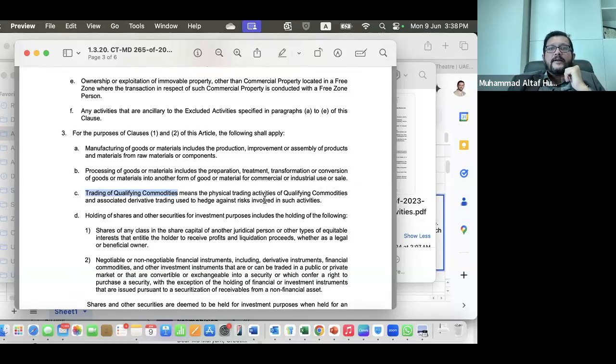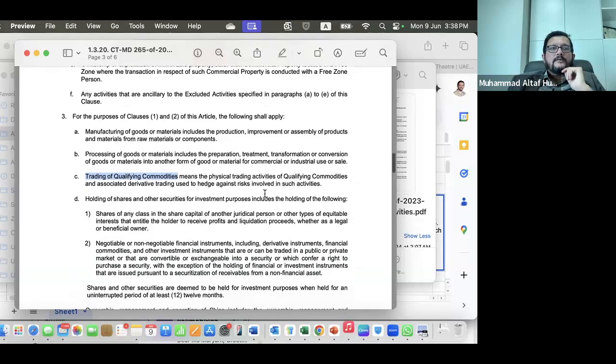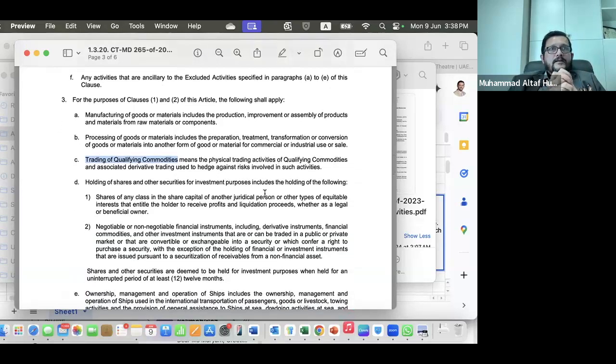Right. So physical trading activities. Now, again, to my understanding, it would mean using, for example, DMCC. Yeah, there's a Dubai Mercantile Exchange, right? So if the trading is physical trading, you can complete a contract by physically delivering the goods that are traded. And as an additional activity, there are two legs there. One is called the physical leg, the other one is called the paper leg. Physical leg is that you have purchased or sold some barrels of oil.